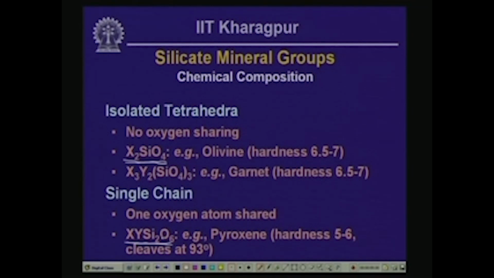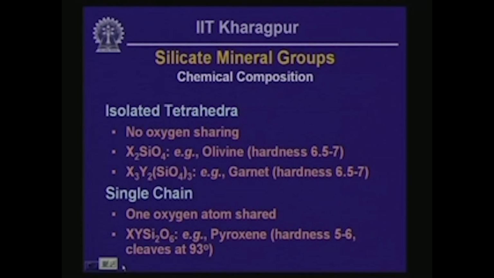So, if you want to shatter a pyroxene group mineral, or rather if you want to break a mineral composed of single chain silicates, then you are going to cleave the mineral in planes that are almost orthogonal to each other. This is important, as we will see when we consider a double chain mineral.